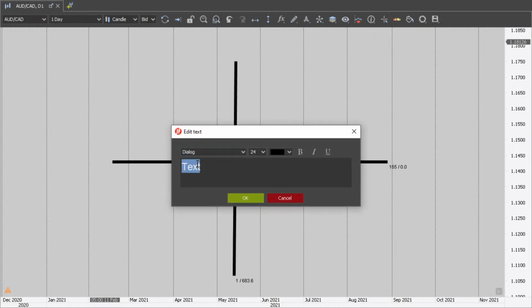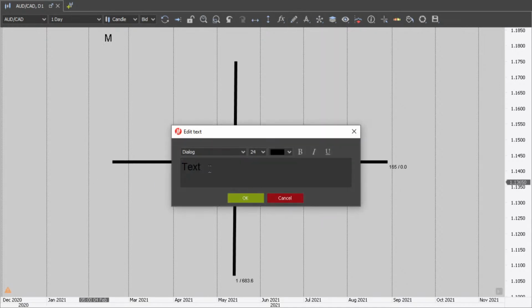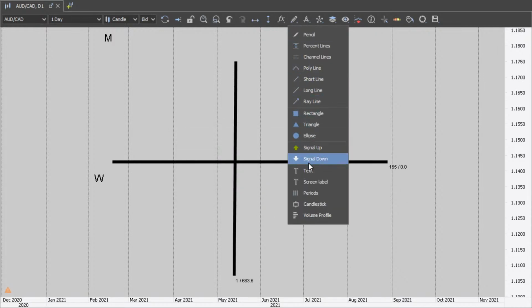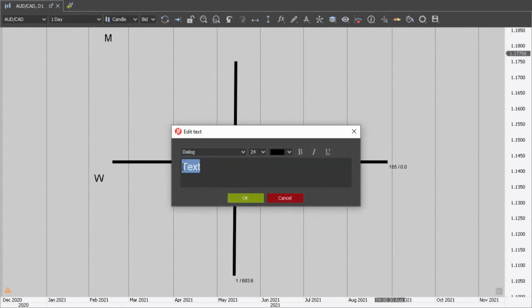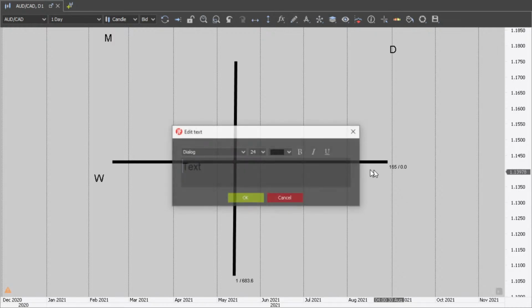And up left corner is going to be the monthly, down left corner is going to be the weekly chart, right up corner is going to be the daily chart, and down right corner is going to be the trading chart. Trading charts, trading time frame, 1 hour, 2 hour, 4 hour chart.